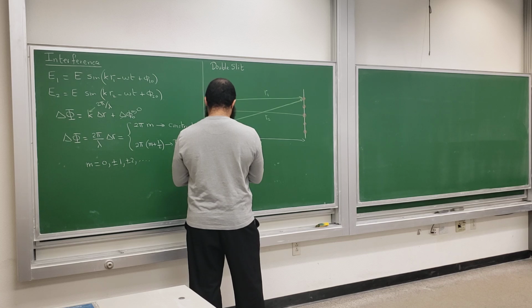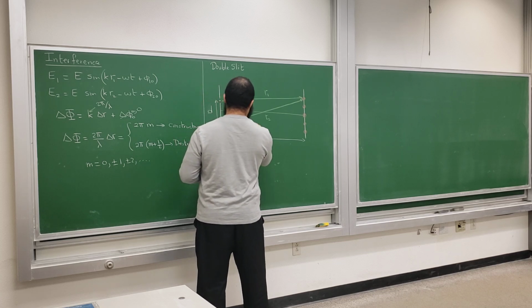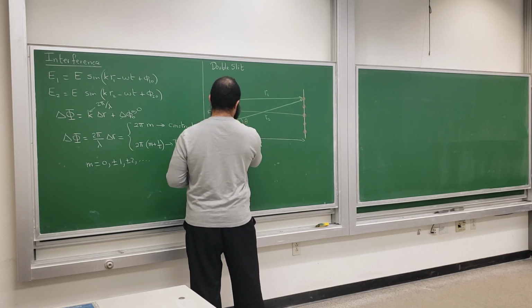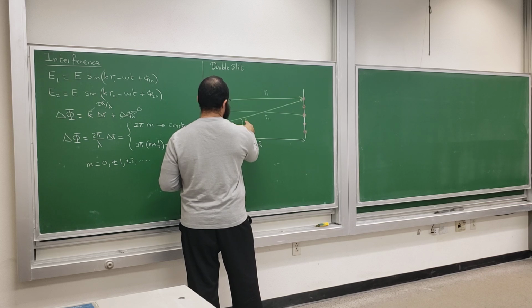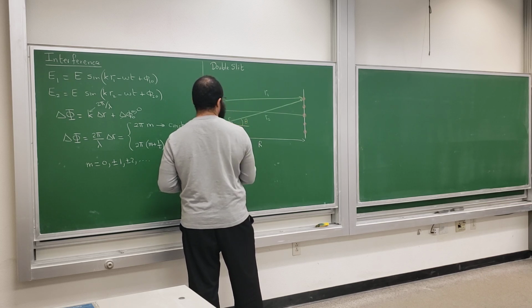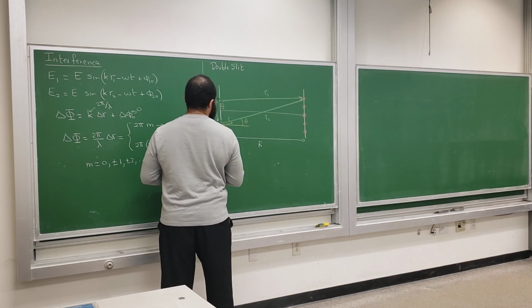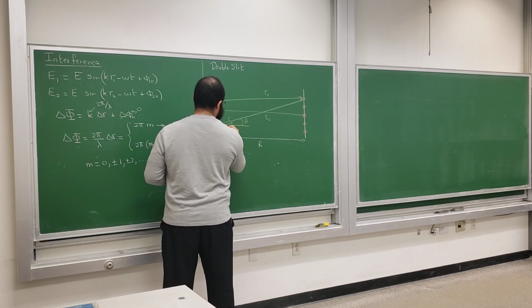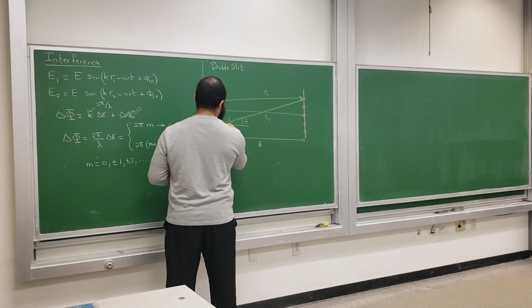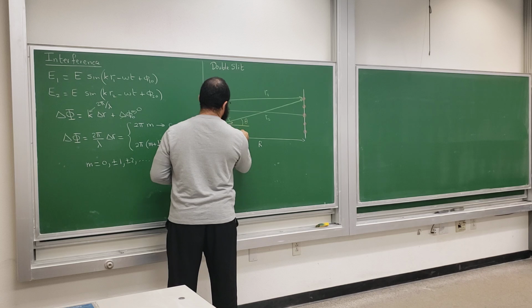D sine theta, right? Let's say this angle here is theta, let's say this is 30, then this will be 60, and therefore this one will be 30 if this is a perpendicular. So this is theta. That means this extra distance here is D times sine theta.